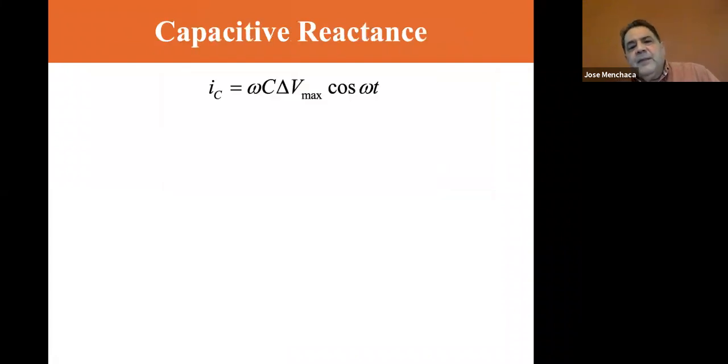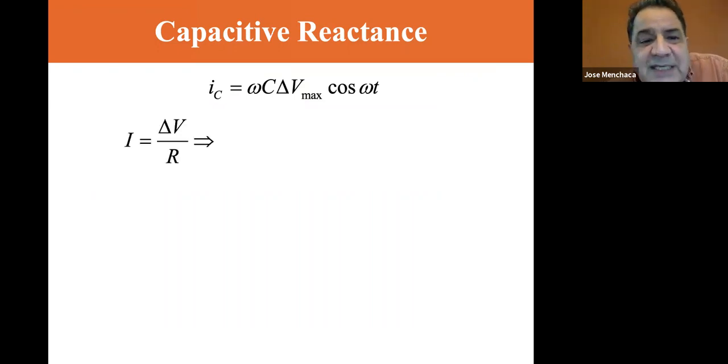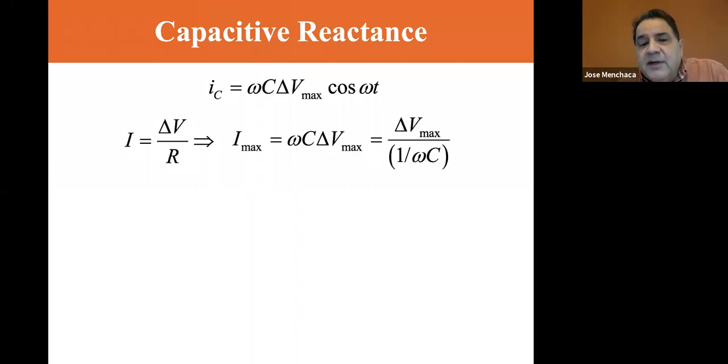Okay, now capacitive reactance. I_C is equal to omega C times delta V max cosine omega t. Again, we know that current is equal to delta V divided by the resistance. The equivalent of that is I max, since I max equals omega C delta V max.